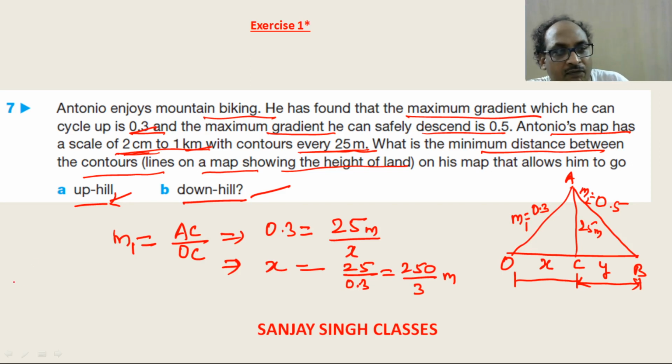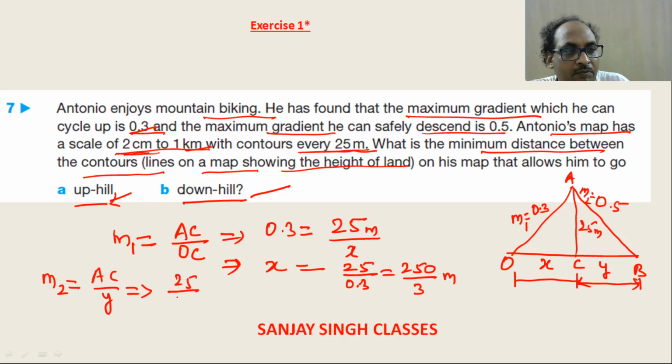Similarly, y we can find out utilizing M2. So AC by y, 25 by y, is equal to 0.5.